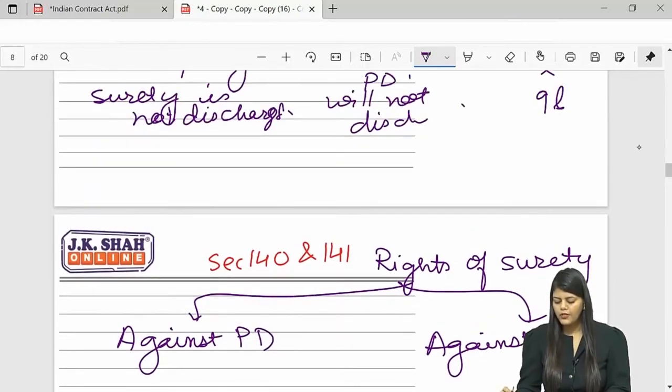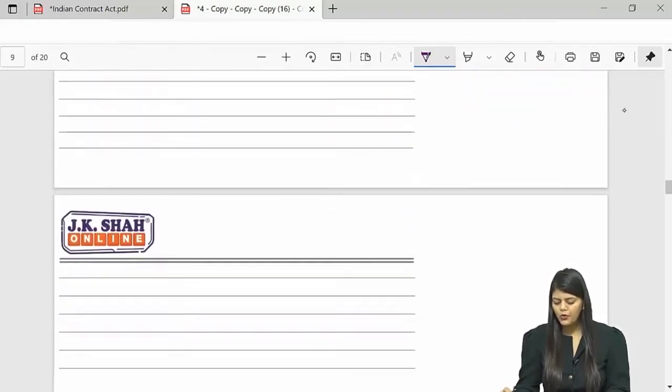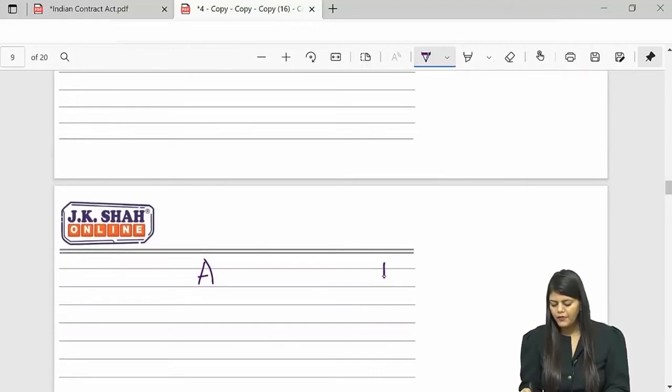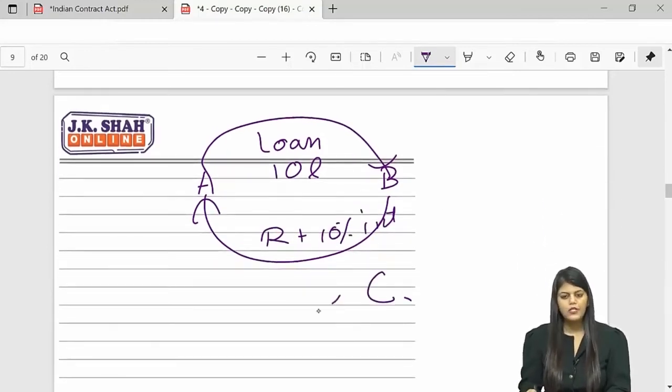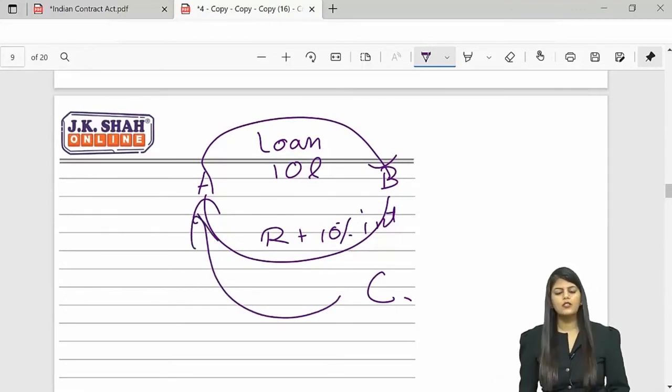Now I'm just going to write the same example here so that I don't have to scroll up again. The same loan example, 10 lakhs, and B is going to repay it along with 10% interest, and bacha, C is the surety. C is giving guarantee to A, right?